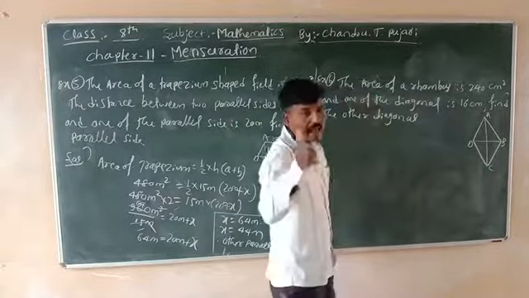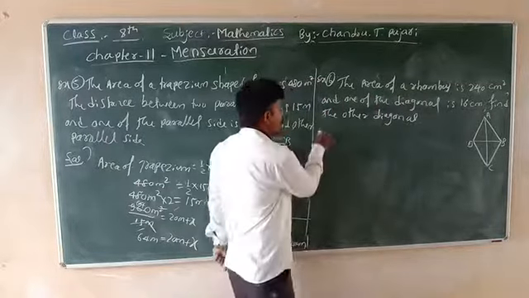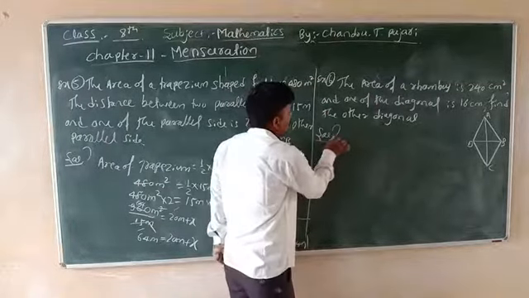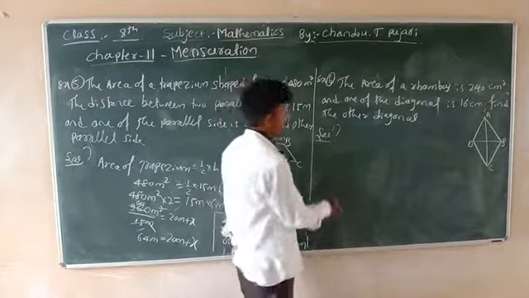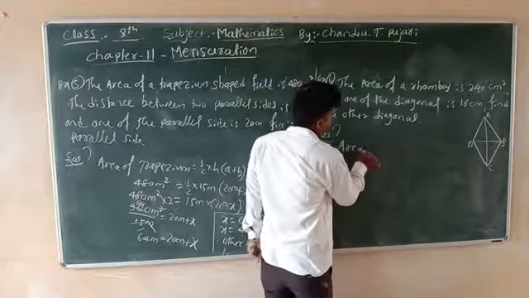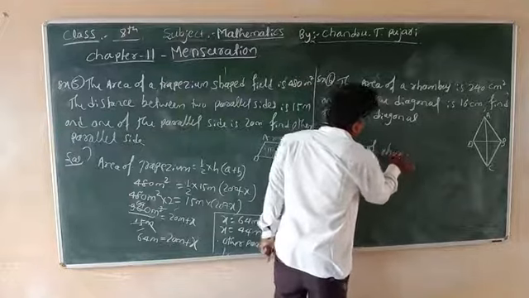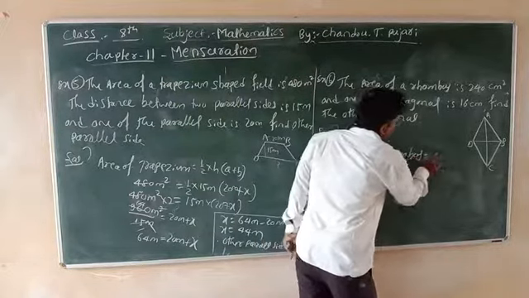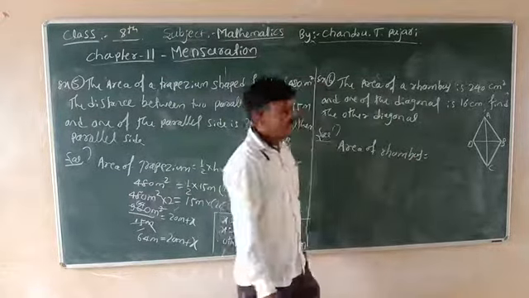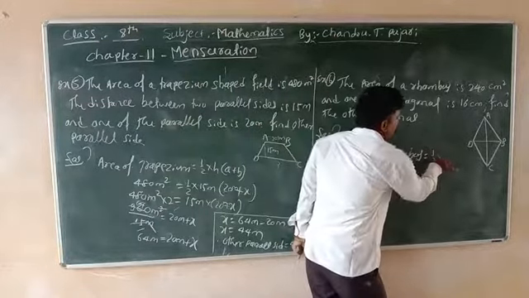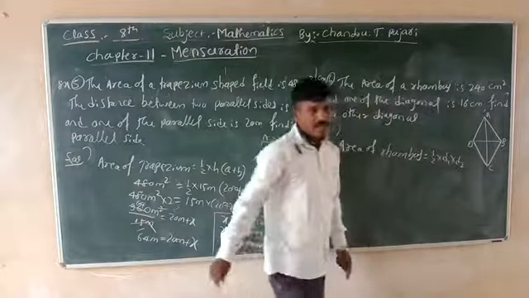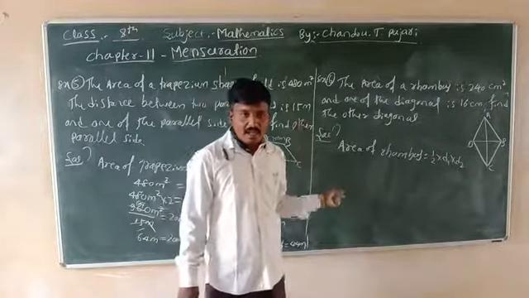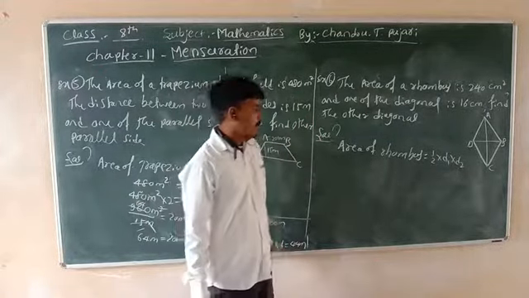Find out the other diagonal. Solution: the formula for area of rhombus. Area of rhombus is equal to 1 by 2 into d1 into d2.